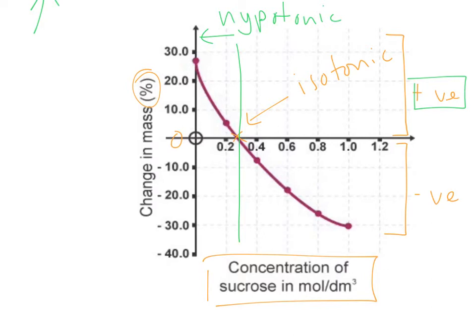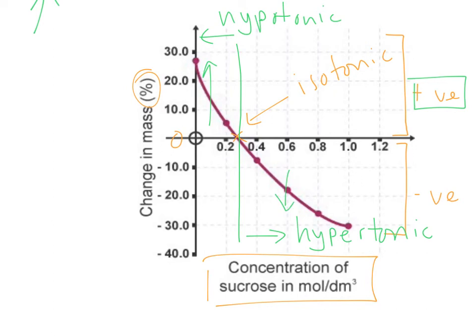You can see here the mass is above the zero line. This side of the line, where the line shows you that the cells have all lost mass, well, this must have been hypertonic. The concentration of water outside was lower, it was higher inside, so it's moved from being inside to being outside, and that's caused the mass to decrease.